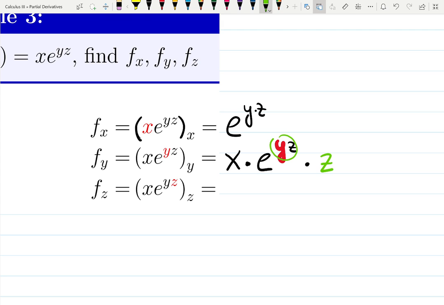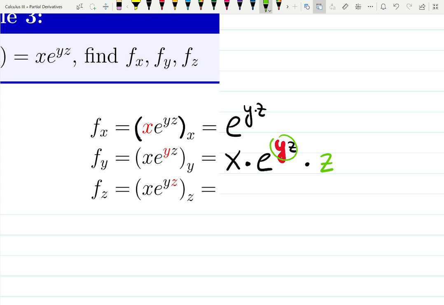How do you feel about that? Slowly. Y is the only variable here because we chose it to be so. I told you to take the derivative with respect to y. Here it is. X is a constant. Maybe it will be easier for your brain if you imagine it's 5. 5 times e to the y is 5 times e to the y. Remember, the derivative of e to the y stays e to the y.